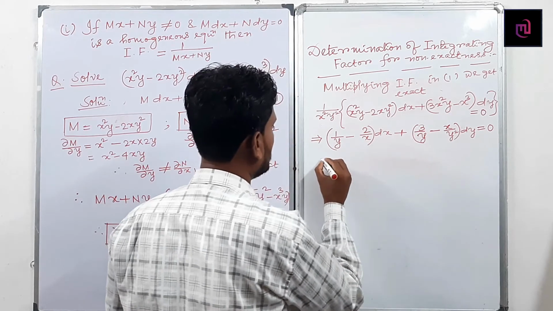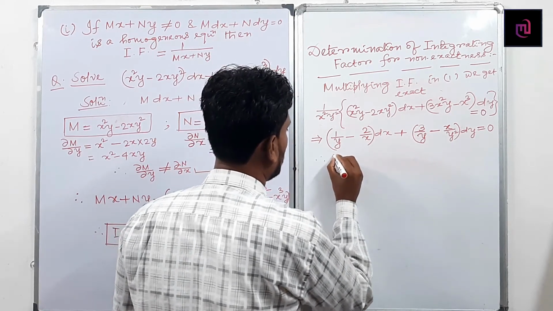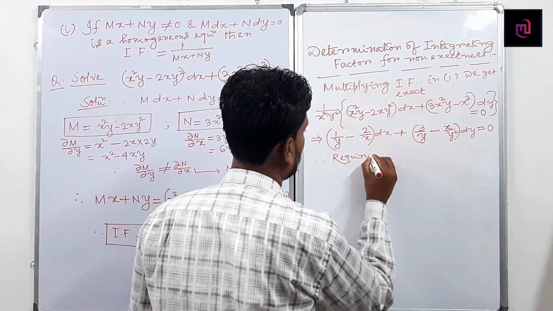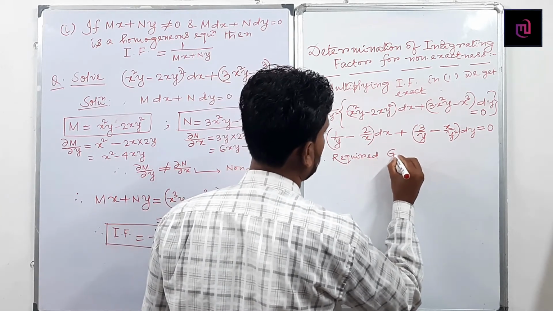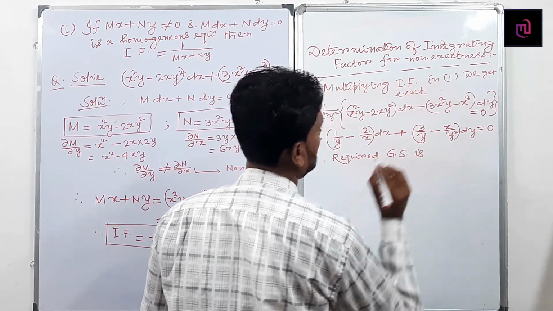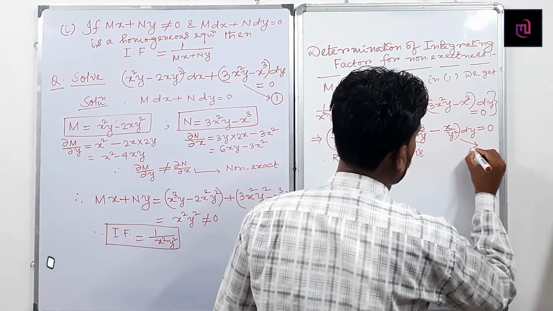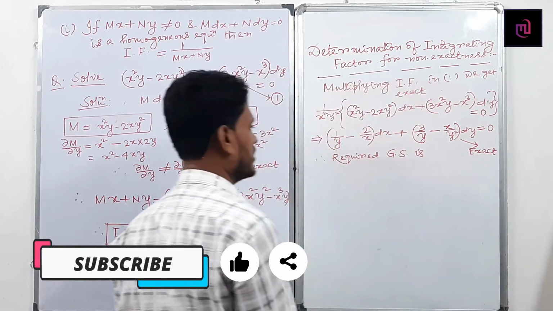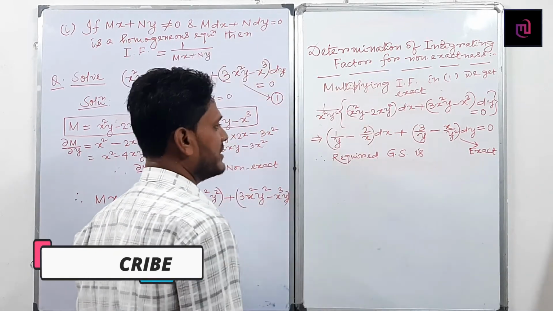So what is the solution? Therefore the required general solution: here this part becomes exact. If it is exact, how to find the solution? I have already discussed in the previous class.